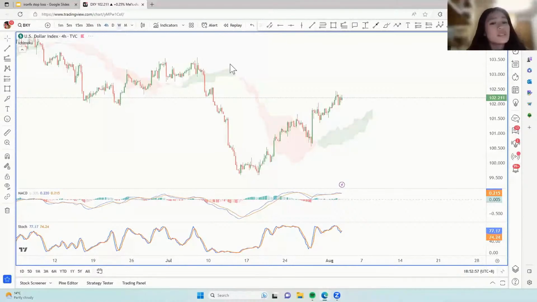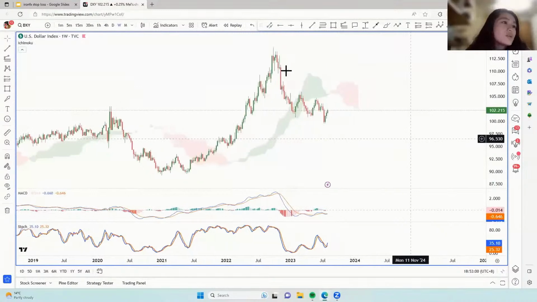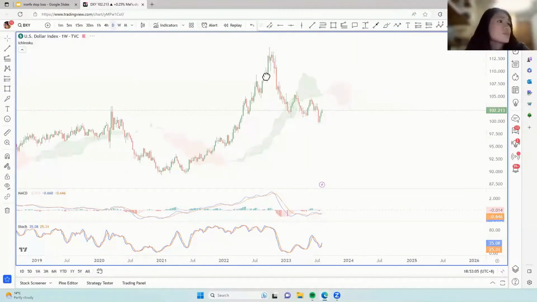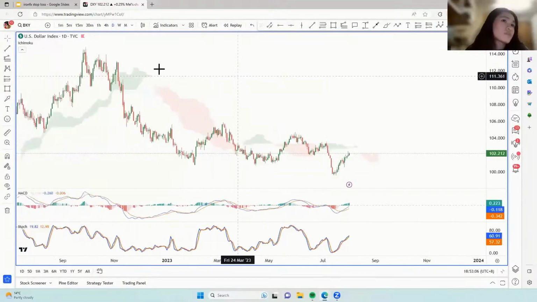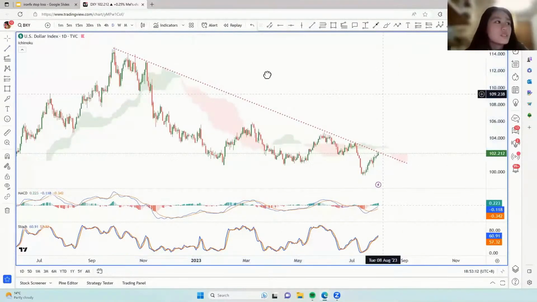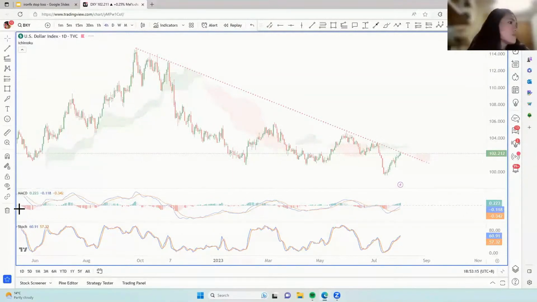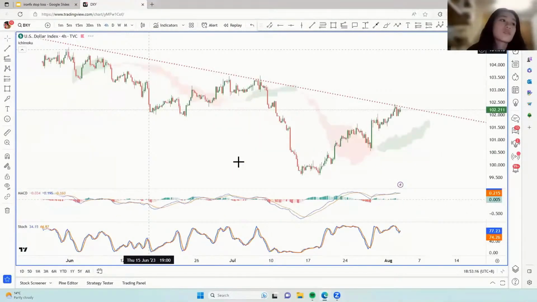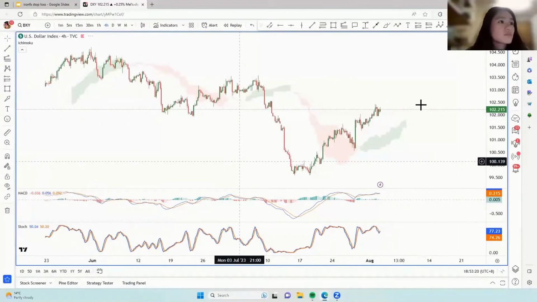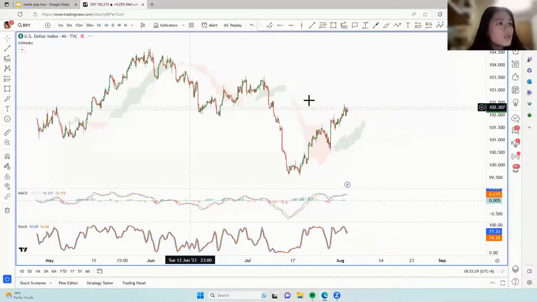Okay, so same thing, let's take a look at the weekly time frame. Looks like price is moving downwards on our daily as well. Okay, it's moving in this descending trend line on our daily time frame. Okay, nope, trend line on our 4-hour time frame.